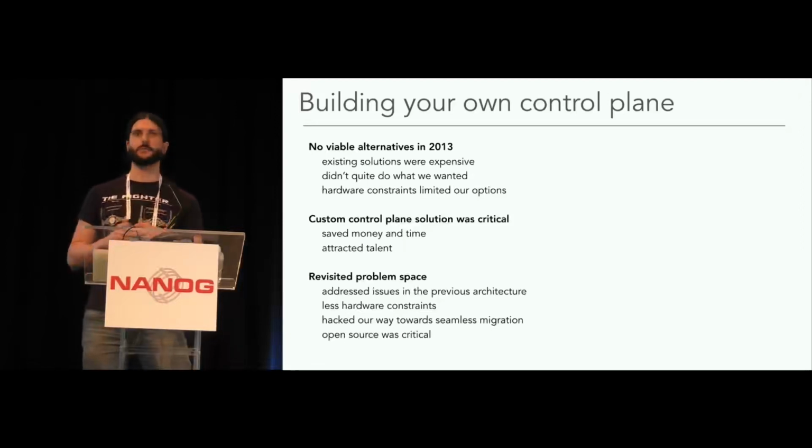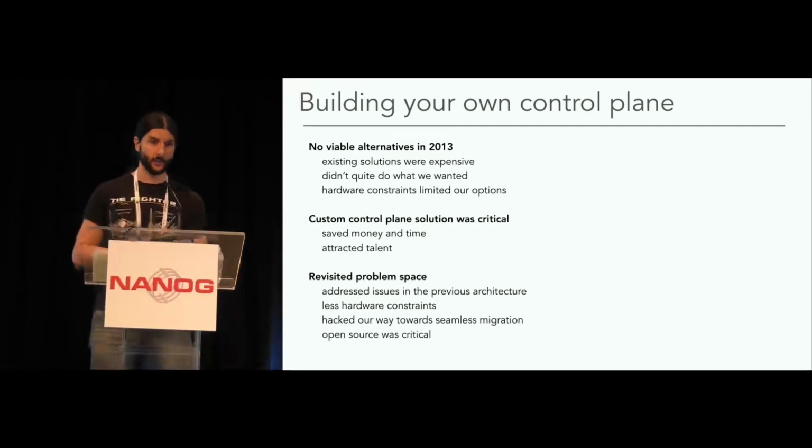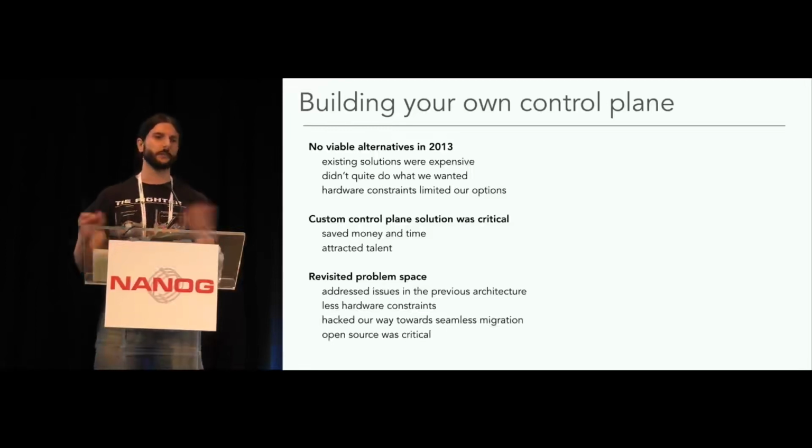When you have this cool solution, it's easier to hire people than when you're just doing things as usual. And then finally, we revisited the solution when the team was larger and there were fewer hardware constraints, so we could build something better.